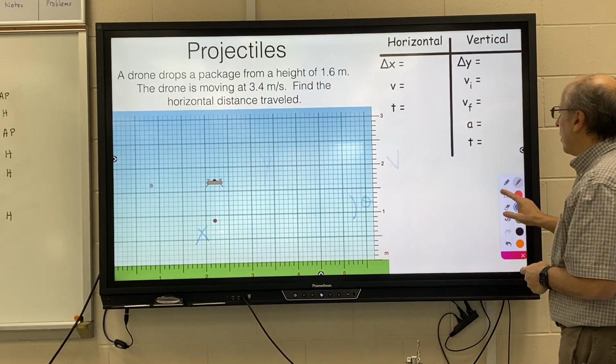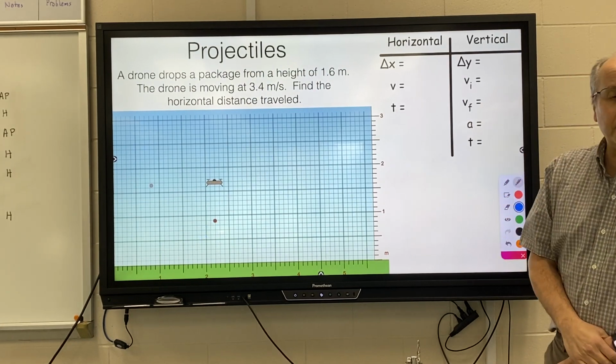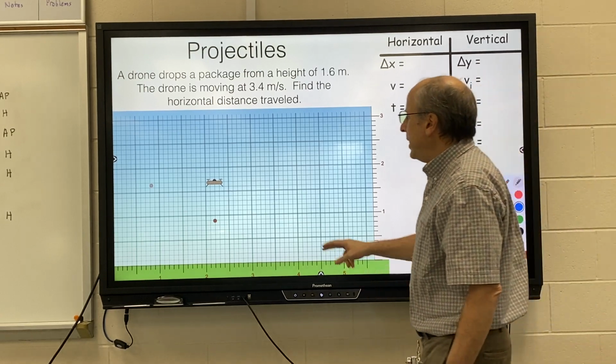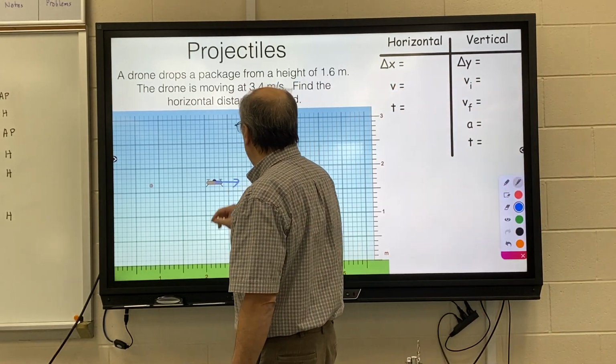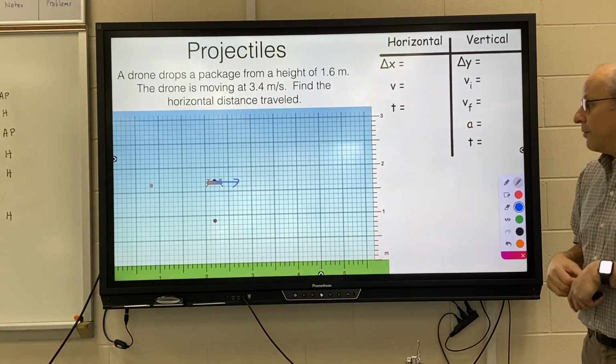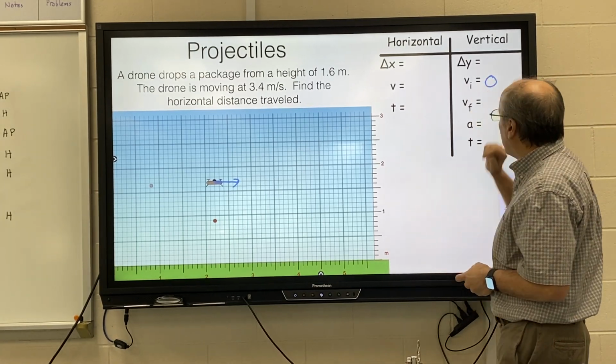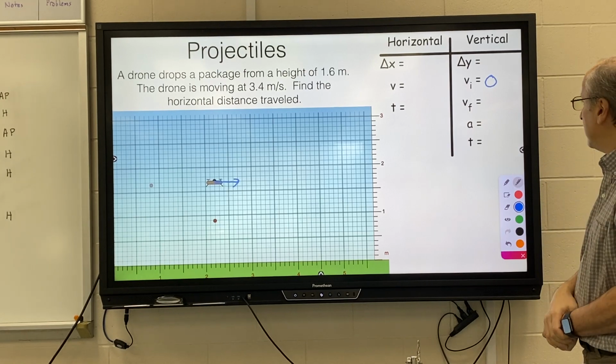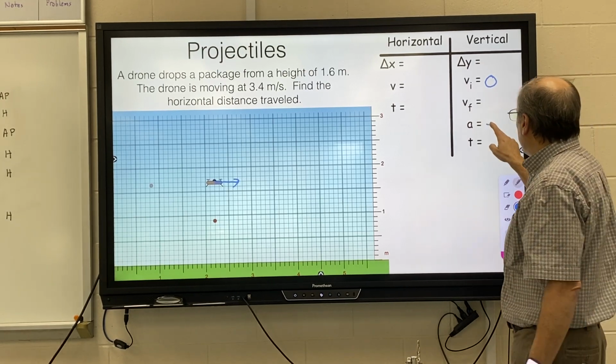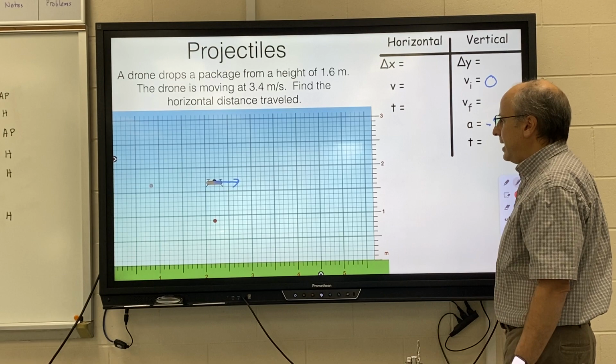Okay, we're not going to actually work through these problems, but I want to remind you how to do them. So here we had a drone that is traveling horizontally. It releases the projectile. Because it was traveling only horizontally at the beginning, you make this 0. If you're on Earth, you use negative 9.8.